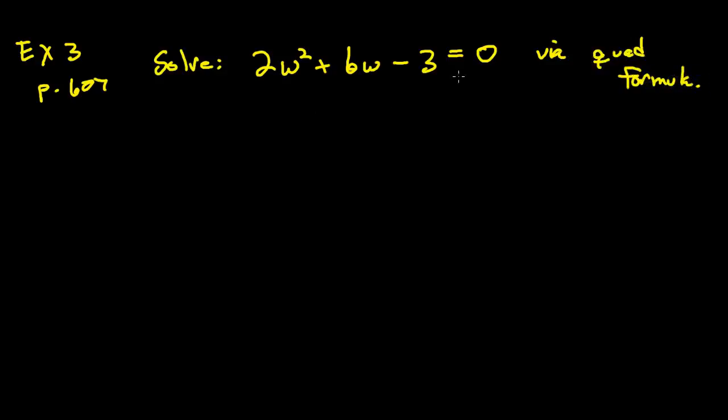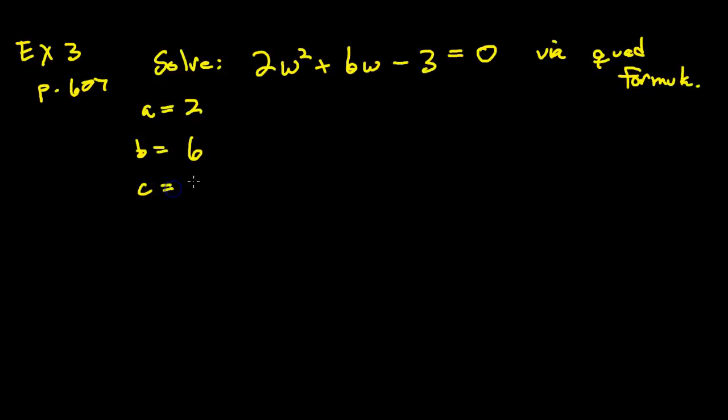All right, we are already in standard form here. ax squared plus bx plus c equals 0. So I can write my solutions for w. Well, hang on. Let me write down what my coefficients are first. In standard form, my a value, my lead coefficient, is 2. My b value is a positive 6. That's a 6 there in the degree 1 term.